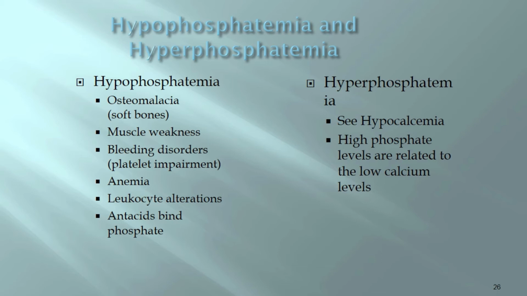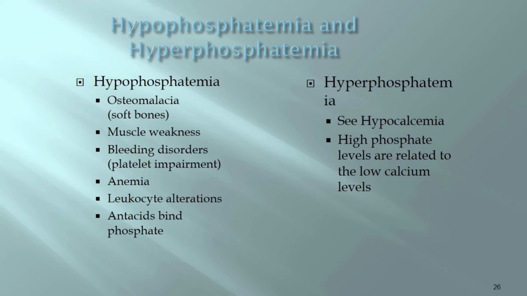It may result in muscle weakness of respiratory muscles, respiratory failure, cardiac arrhythmias, and death. So osteomalacia may occur as a response to low phosphate level, and low phosphate level can result from antacid abuse, one of the common things.